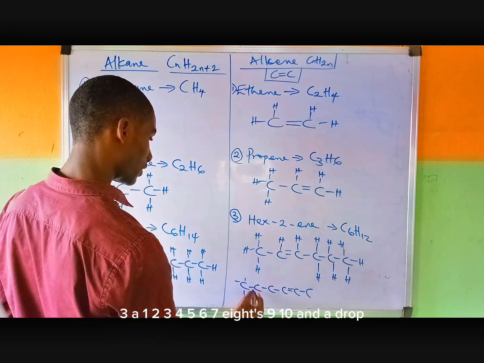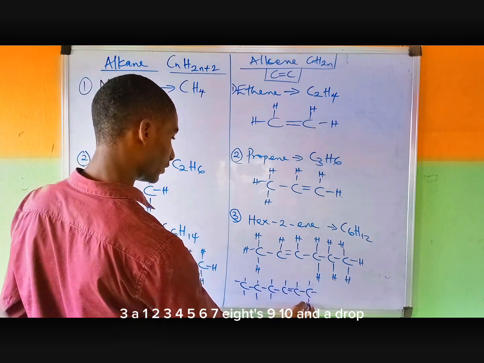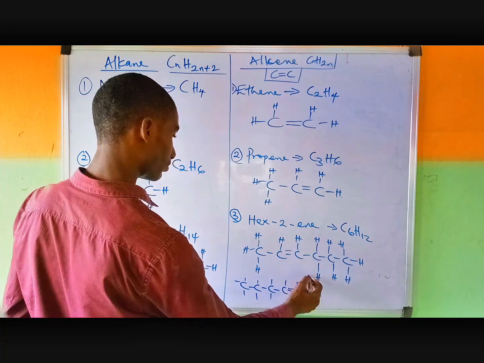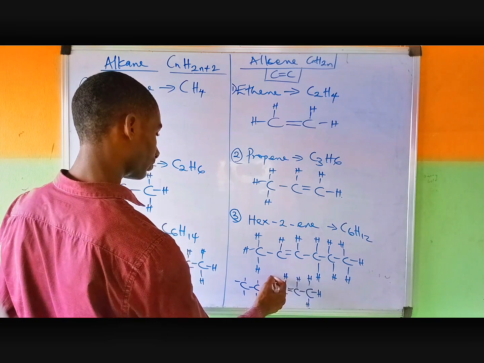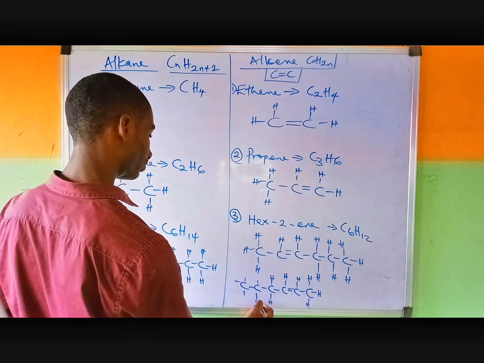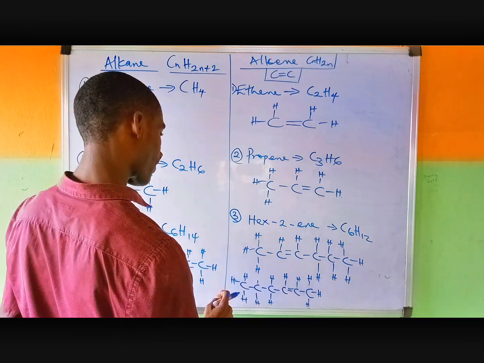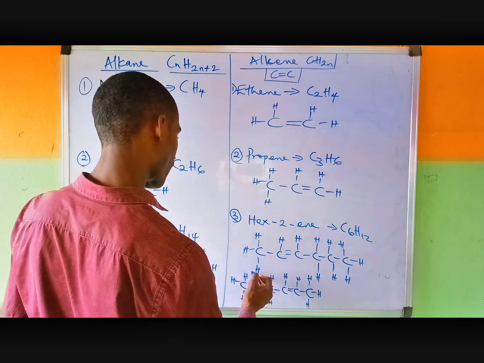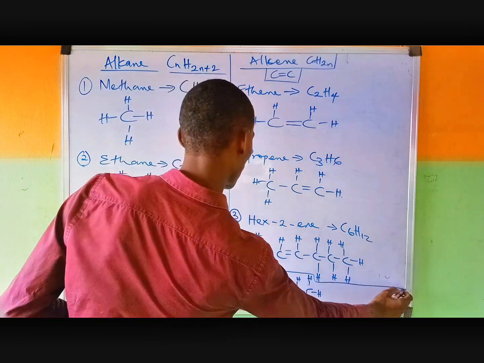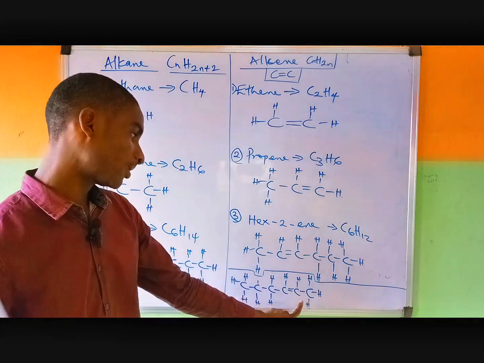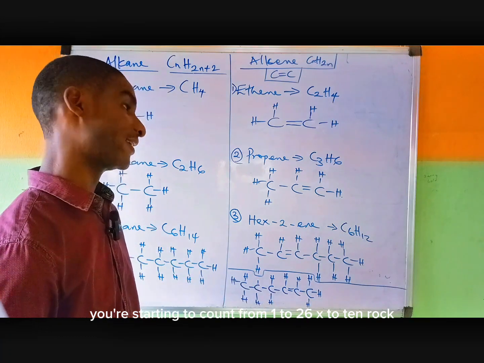So you have 1, 2, 3, 4, 5, 6, 7, 8, 9, 10, 11, 12. Alright, so this is it. You're starting to count from 1, 2, so this is hex-2-ene here.